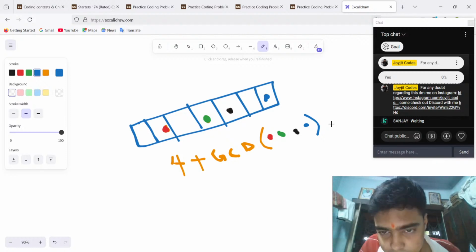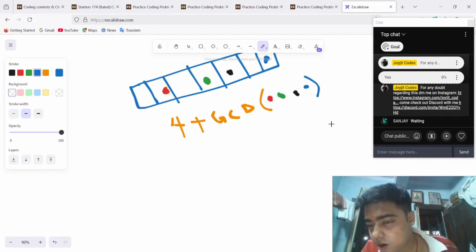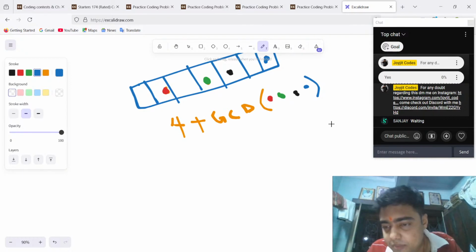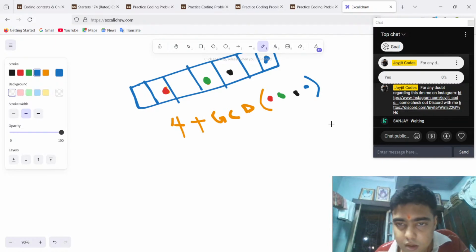I won't be going with the basic approach of what to do, what not to do. I'll just go with the solution that I initially came up with. The initial solution was, for every specific element, find all its divisors.